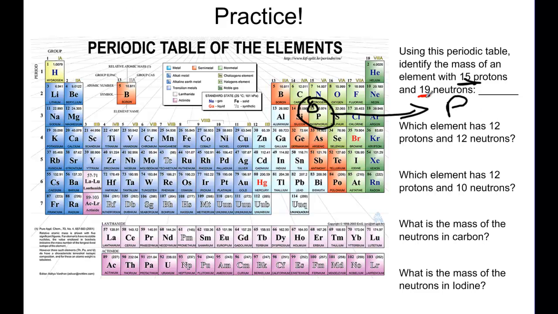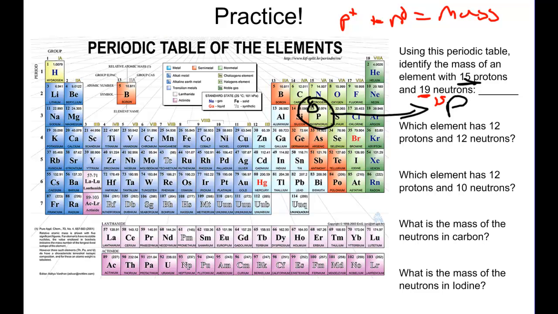Now it has 19 neutrons. So protons plus neutrons equals the mass. It's pretty simple. So protons plus neutrons is the mass. So 15 plus 19. So I can put a little 15 up here, because that's my atomic symbol.